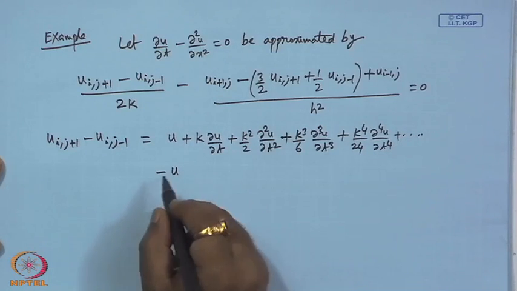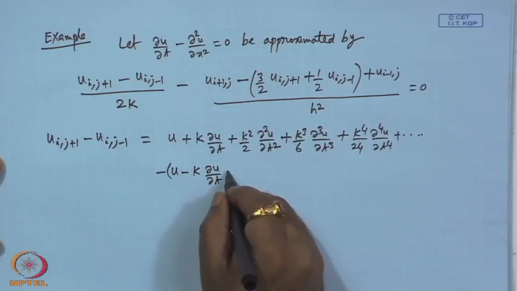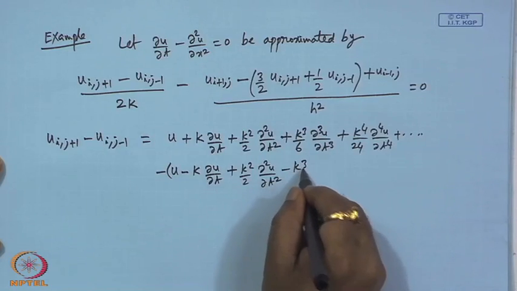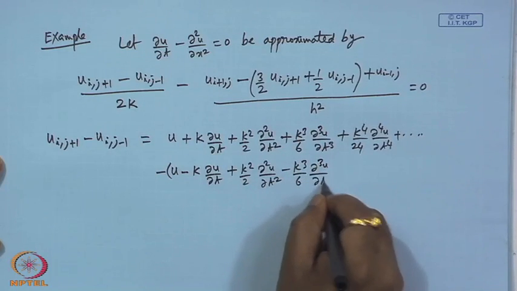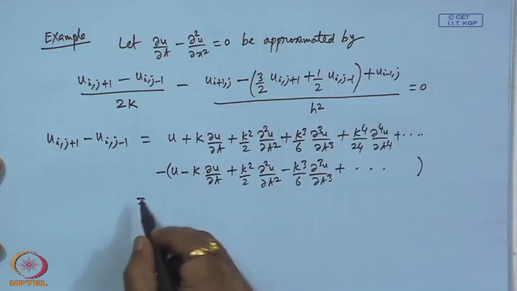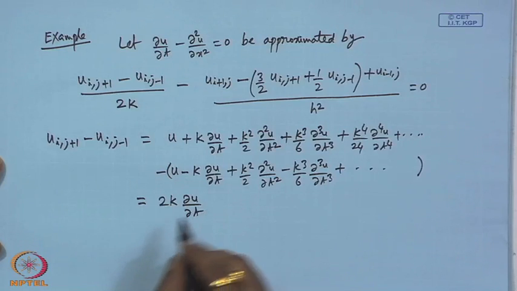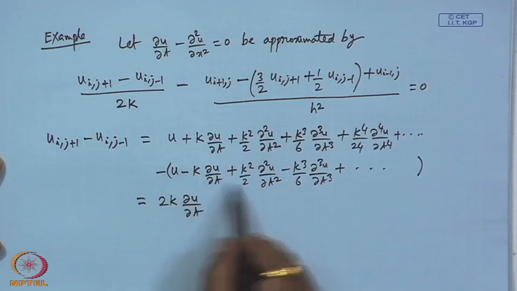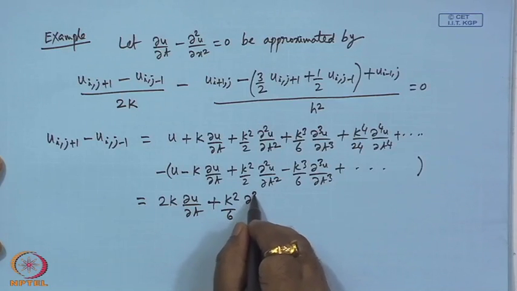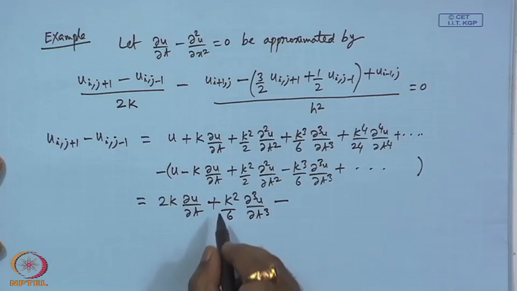Minus u, okay. So, this becomes, so you get cancelled, you get 2 k, right, then this k square by 2 with a negative sign, this gets cancelled. So, the next term, by 3 here actually.